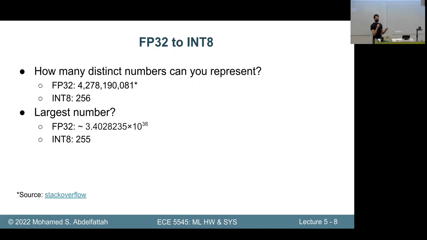So you're reducing this representational capacity by a very large amount, and you have to be careful there. You're also reducing your range by a lot. The largest number you can represent in FP32 is really huge, it's 10 to the power of 38. Whereas the largest number you can represent in int8 is 255 if you're using unsigned numbers.